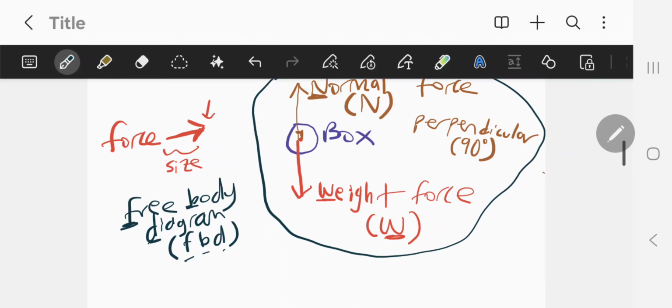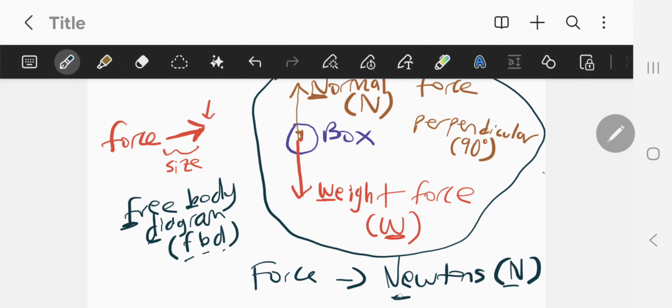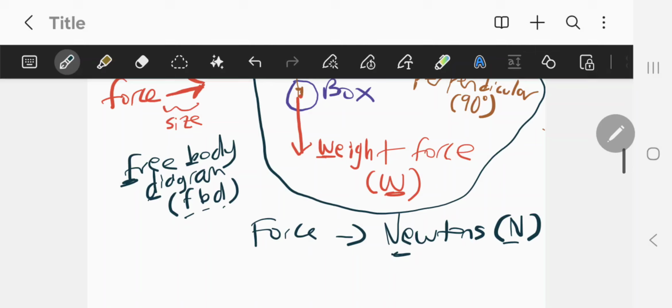Forces are measured in newtons, named after Isaac Newton, famous English scientist. Capital N for Newton, in his honor. So obviously the higher the newtons, the bigger the force. Let's say an apple is 1 newton, and let's say the box weighs 50 newtons, for example, a really heavy box.